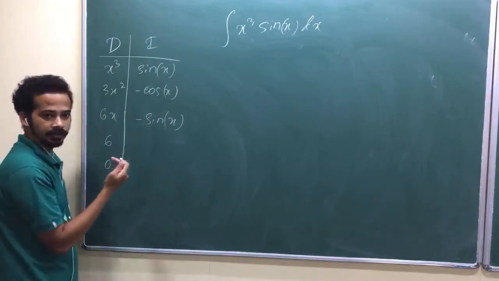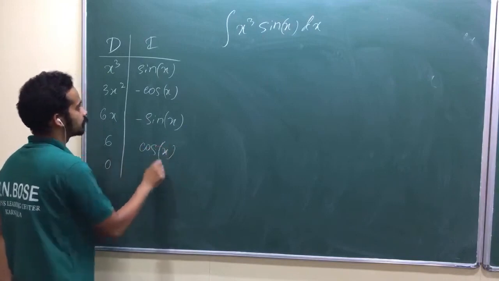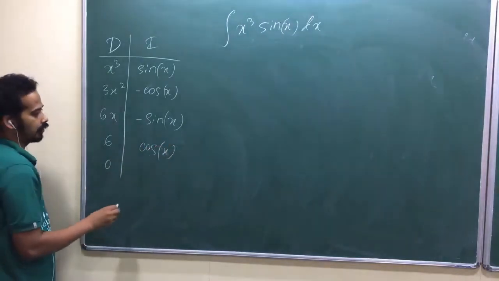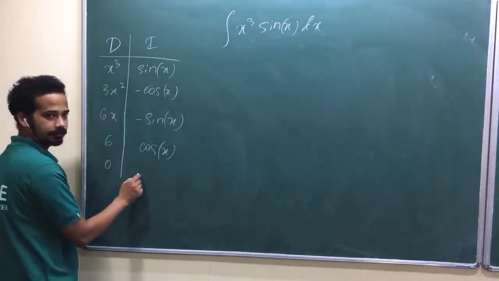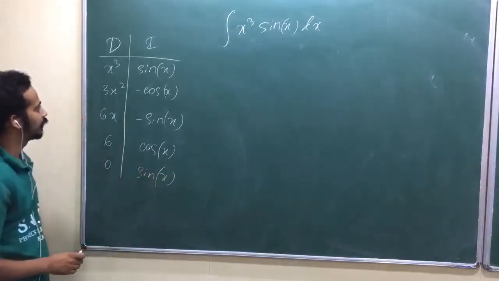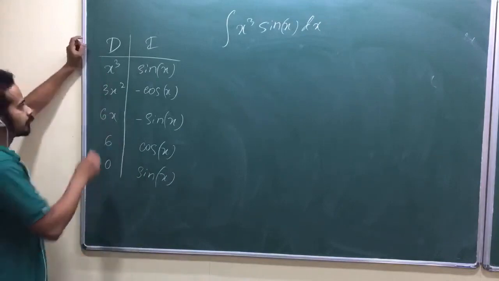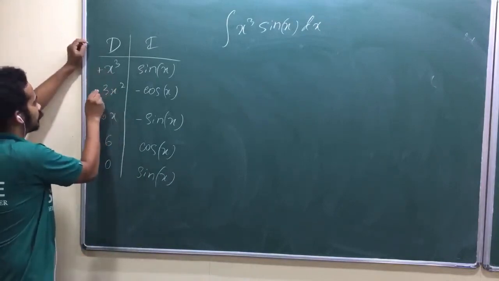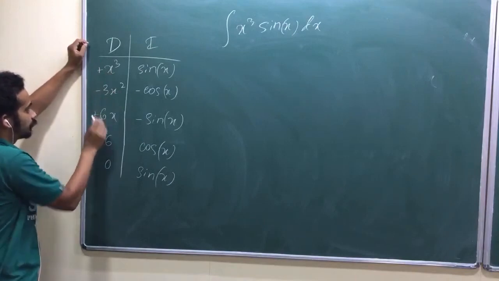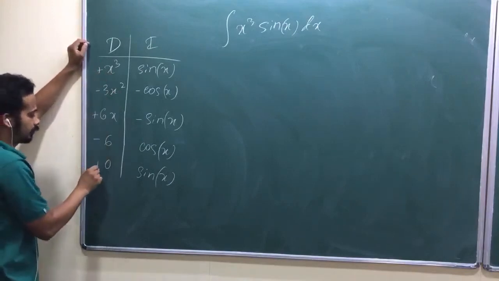Sin x integration is minus cos x, with one more negative sign, that is just cos x. Again, cos x integration is sin x. Be careful. Then you have to multiply alternating signs here. So plus, minus, plus: start with positive and alternate the signs.